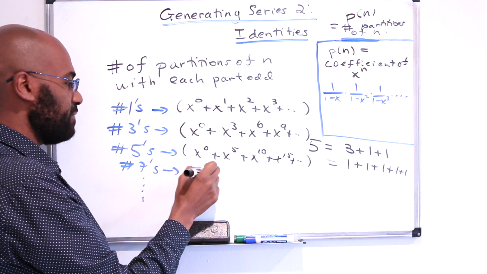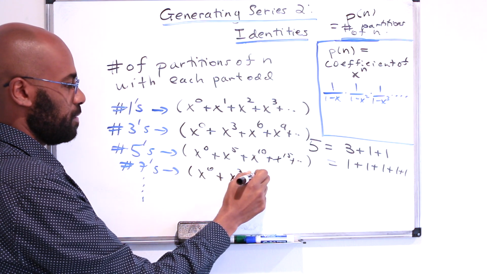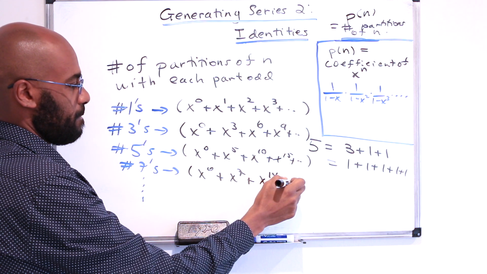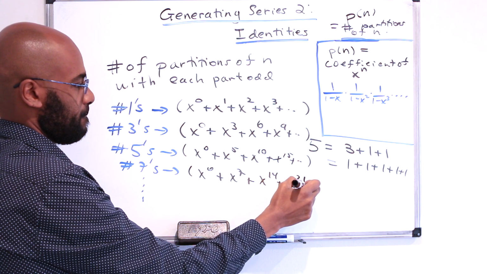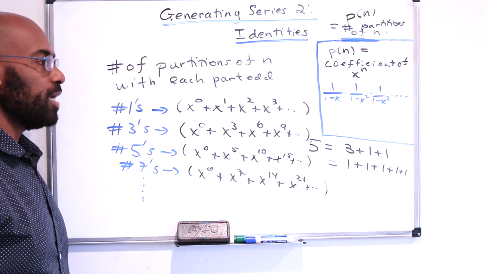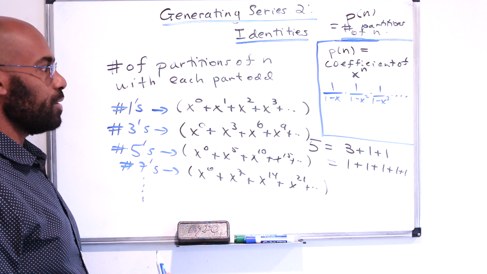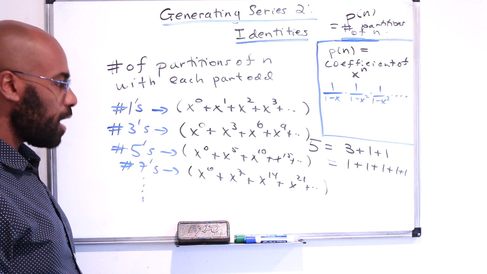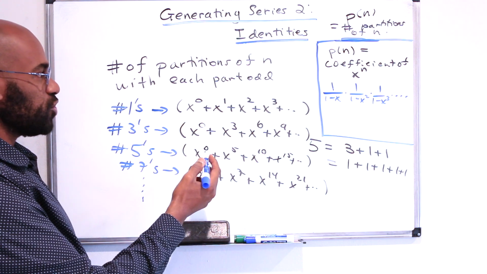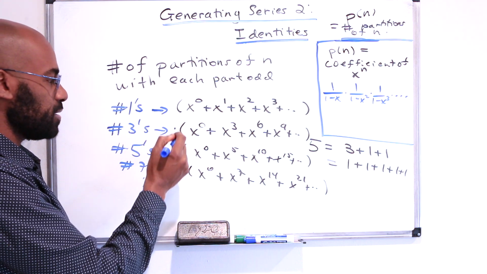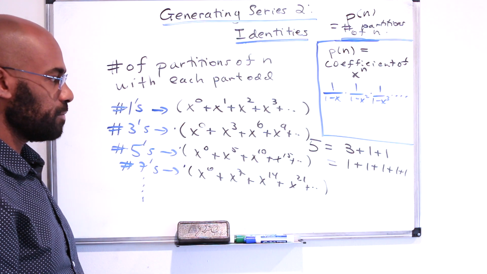And here the number of sevens. Okay, and so the number of partitions of n with each part being odd is the coefficient of x to the n in the product of all of these series.